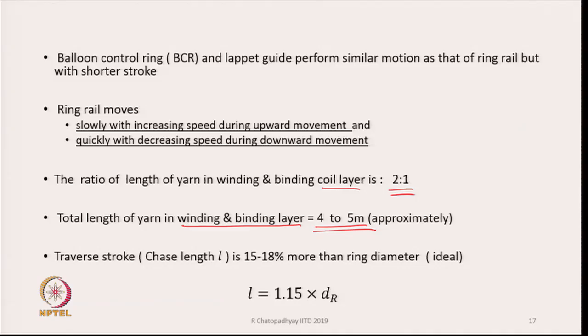The traverse stroke, the stroke length, we call it chase length, is 15 to 18% more than the ring diameter in ideal cases. So, chase length L is 1.15 into dr, where dr is the diameter of the ring. This is ideal, sometimes we keep it close to this also. So, it is 1.15 or 1.1, maximum 1.18 we can go.